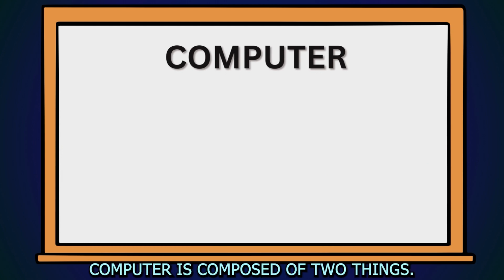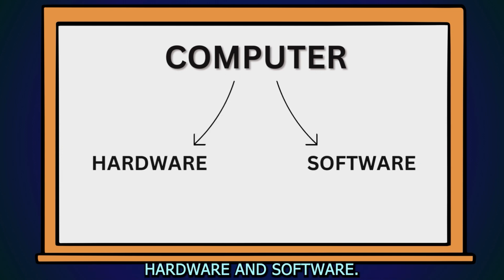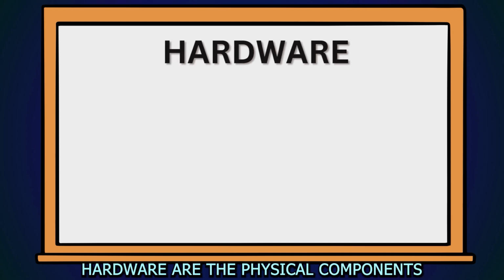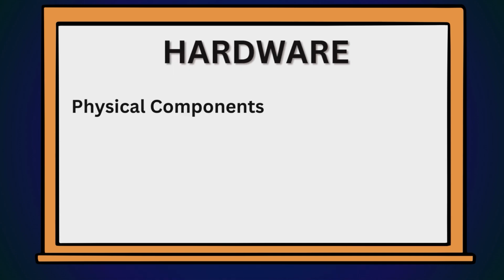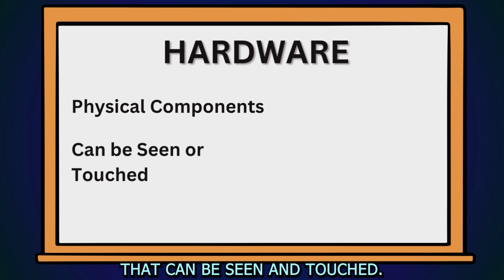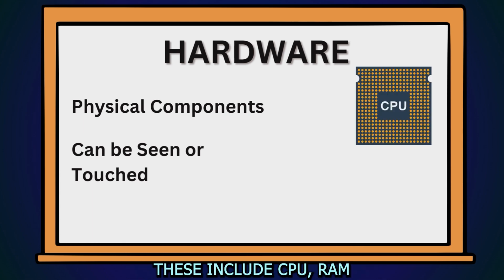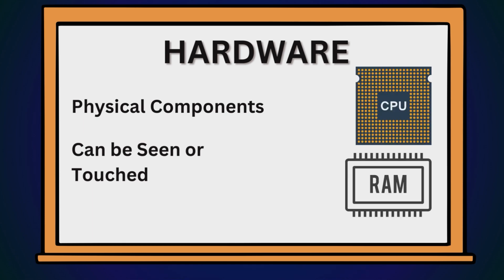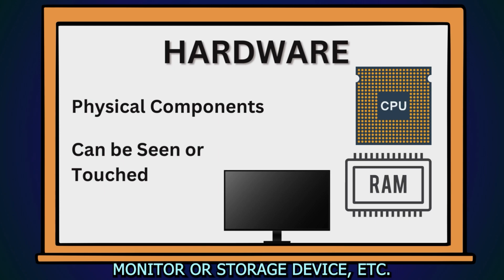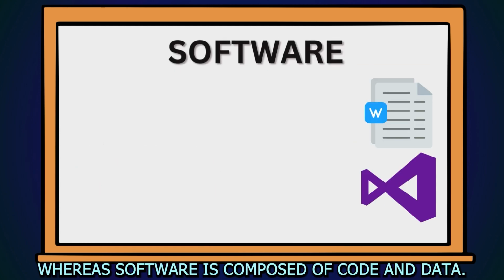Now, a computer is composed of two things, hardware and software. Hardware are the physical components that can be seen and touched. These include the CPU, RAM, monitor, or storage device, etc. Whereas software is composed of code and data.